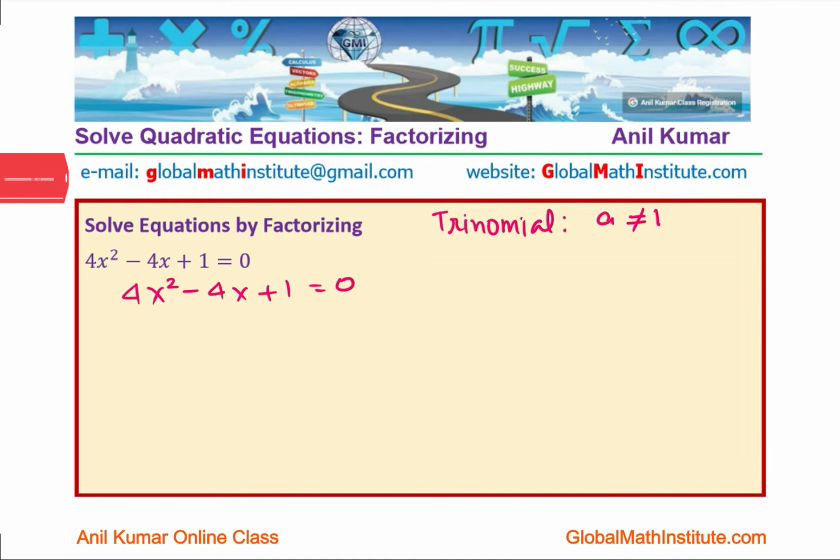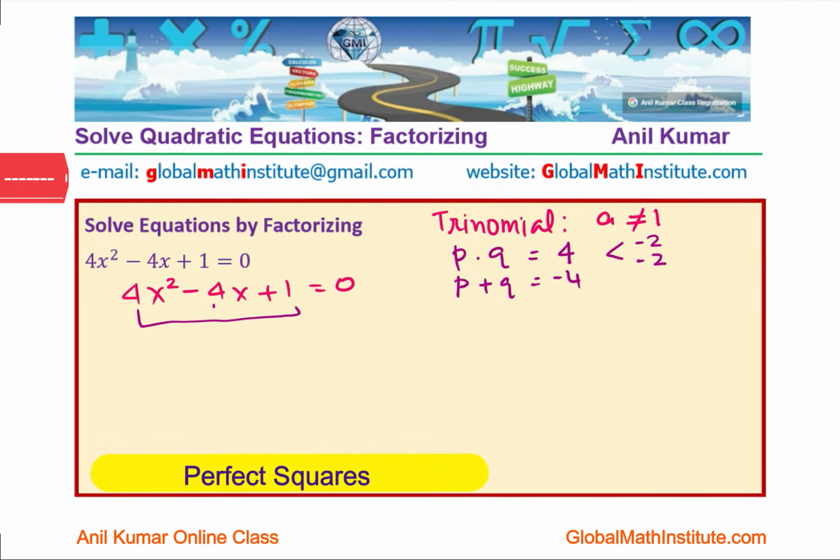So in this case, we'll adopt the same method as we were doing earlier. And we did it with earlier questions, right? Product of two numbers, p times q, will be 4 times 1, which is 4. And the sum of two numbers, p and q, is minus 4. So what could be these two numbers? Well, minus 2 and minus 2 can work for us, right? Their sum is minus 4 and their product is 4.